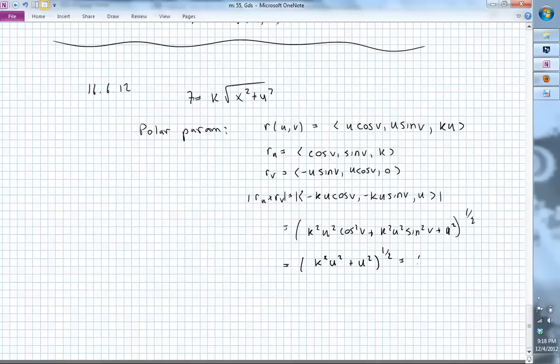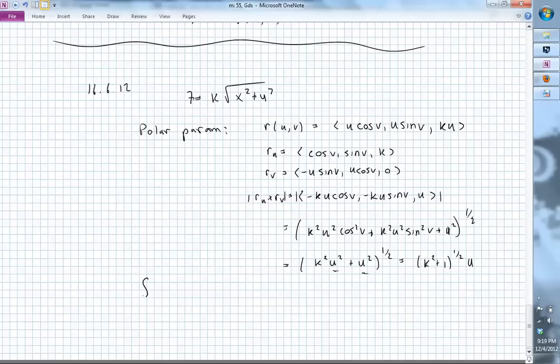And that's going to simplify to square root of k squared plus 1 times u. So that's a u squared? There it was a 1? Yes, that was my mistake. So I've got a u squared here and a u squared here and a square root, and it just factors out. Yeah, exactly.